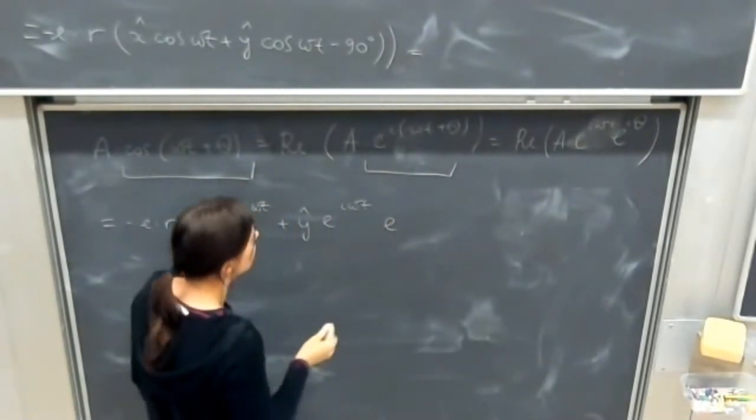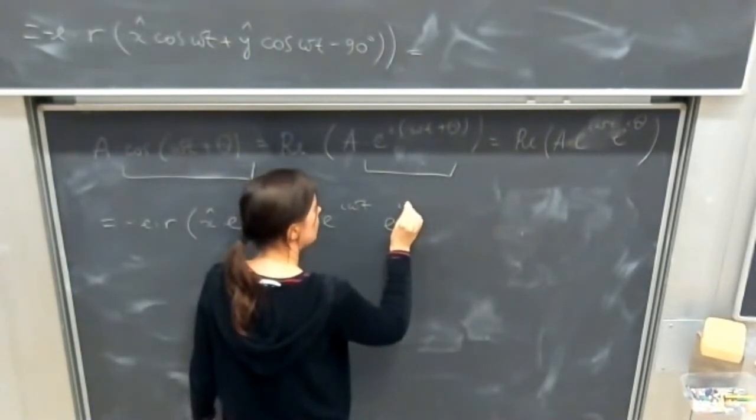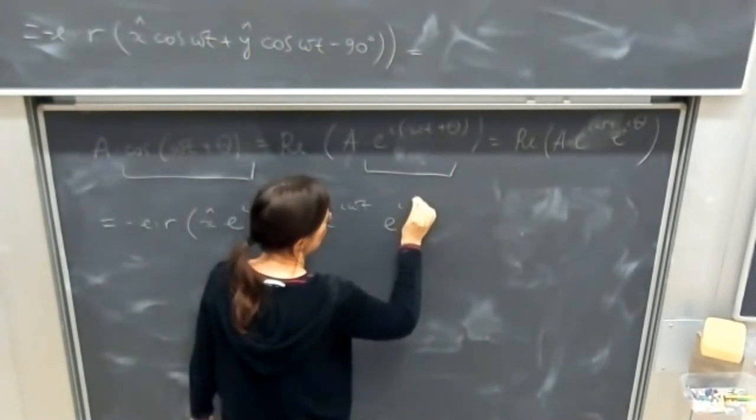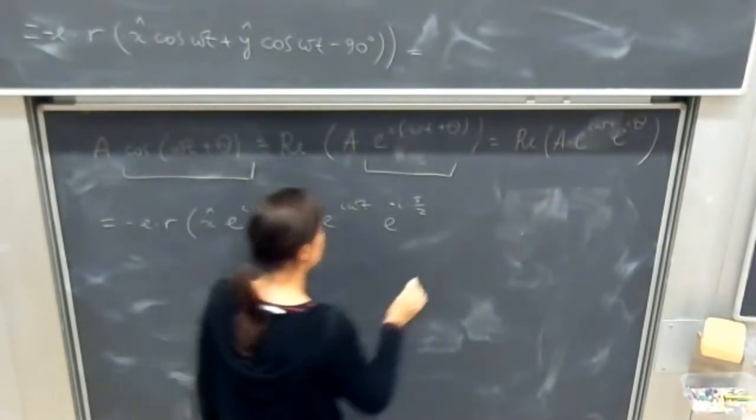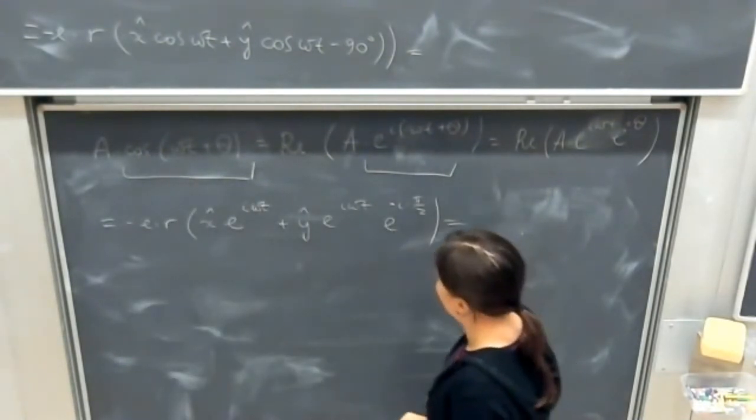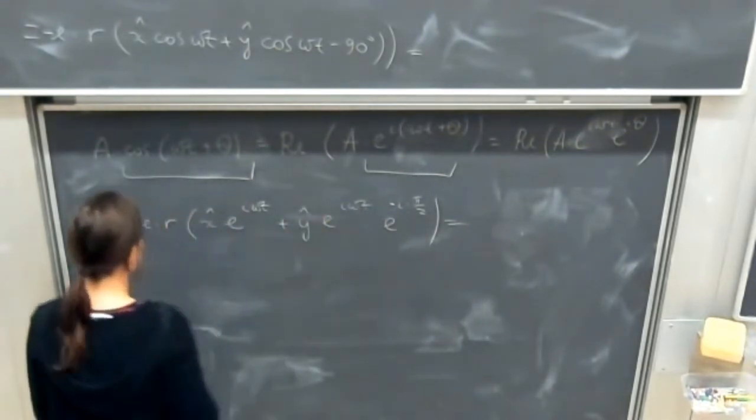And then there is pi times 90 degrees, or pi divided by 2, with a minus. And now we can take this exponential out of the brackets.